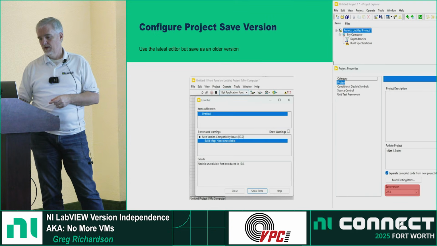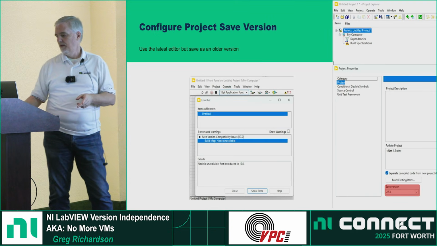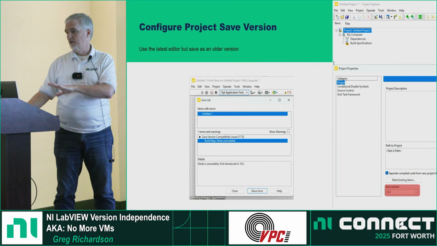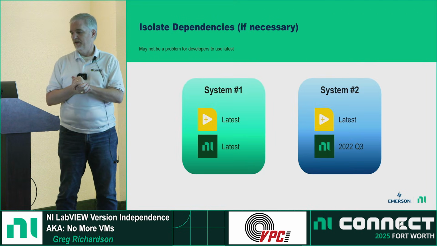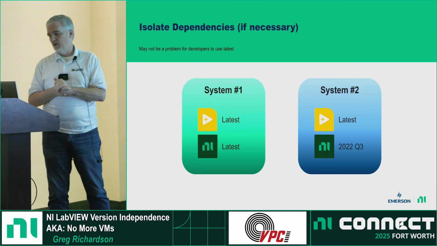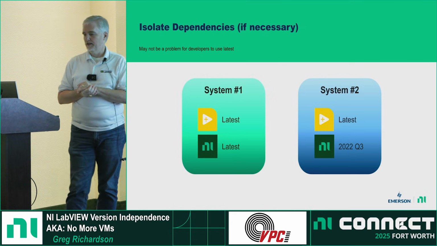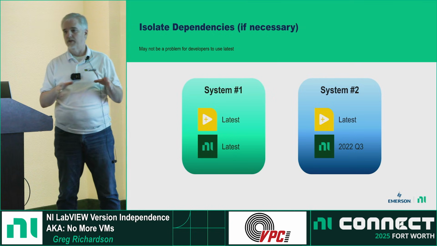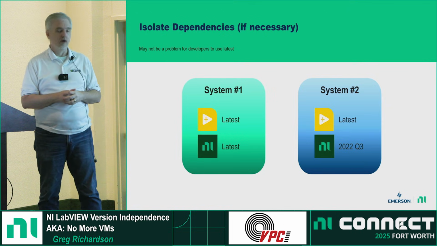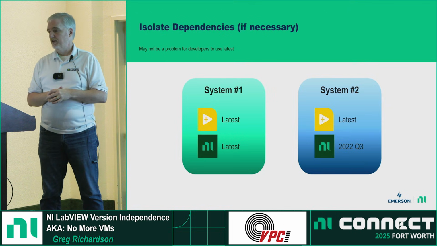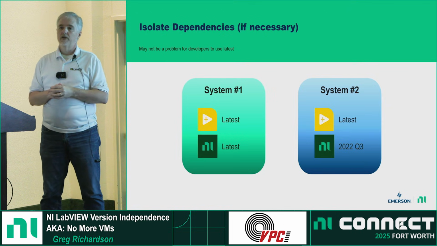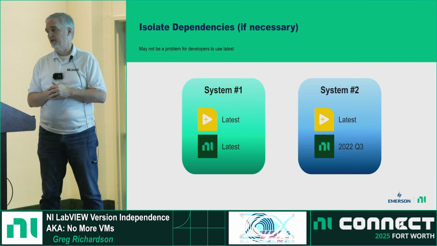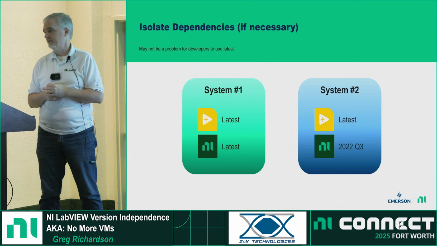All right. So project save version. And then this is where we'll get further into dependencies. So it may be fine in one of my systems to use the latest drivers because they still work with everything, all the hardware that's involved there. But there may be times when you're using hardware that's older and support for that has been dropped in the latest version of the driver.